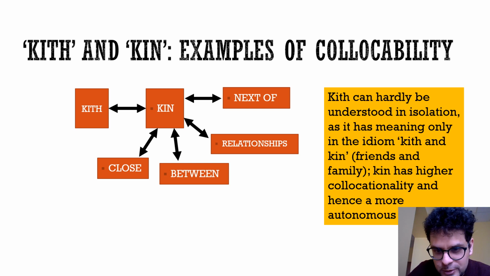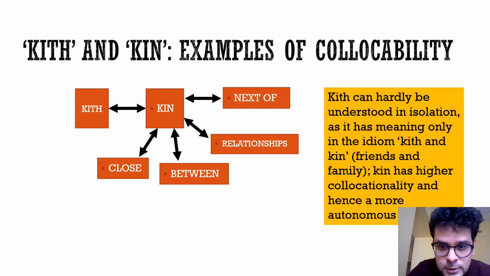Yeah, so this is just a reminder of what I already said. Kin is more autonomous, it has more power, we can say, than kith. So it's easier to derive a general abstract meaning for kin than for kith, because kith is totally context dependent and kin transcends its own context.